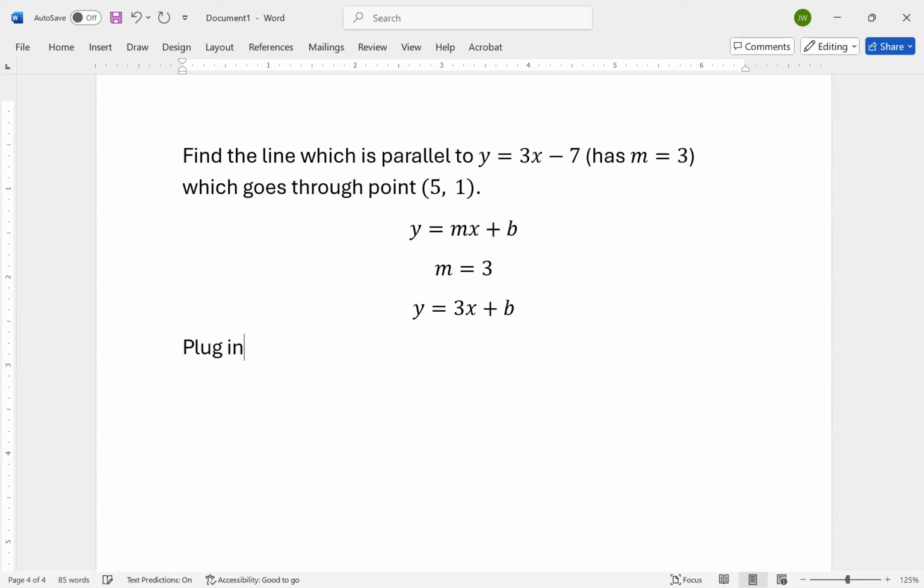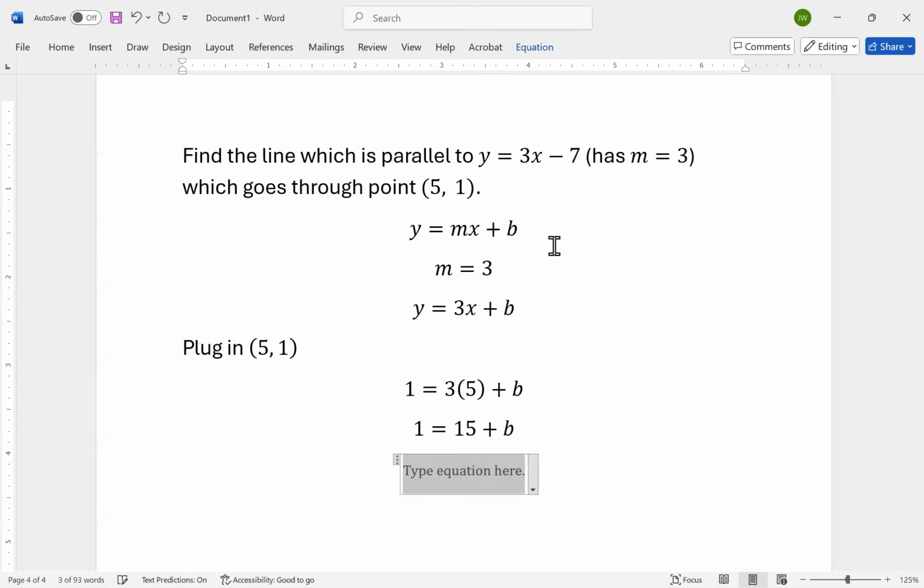We're going to plug in the point 5, 1 in order to find the b. Remember, 1 is the y value, 5 is the x value. I get 1 is equal to 15 plus b. Subtracting 15 from both sides gives us that b has to be negative 14.